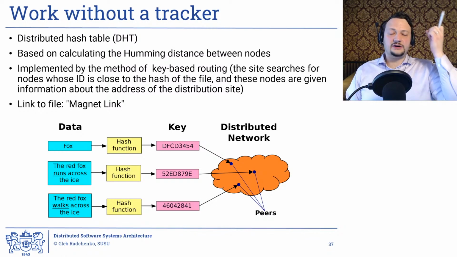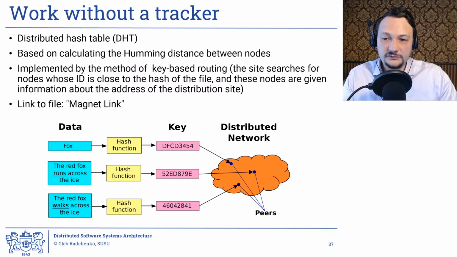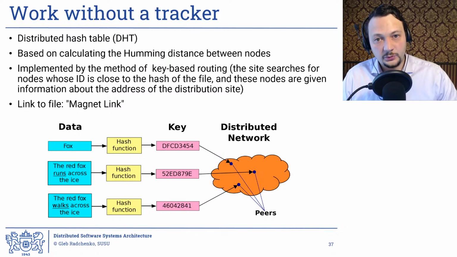Another thing that I wanted to discuss with you today is the overlay network for the BitTorrent protocol, or the network that allows you to use the BitTorrent protocol as a system without the centralized tracker.